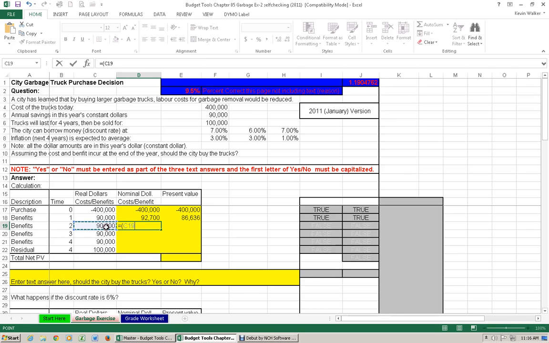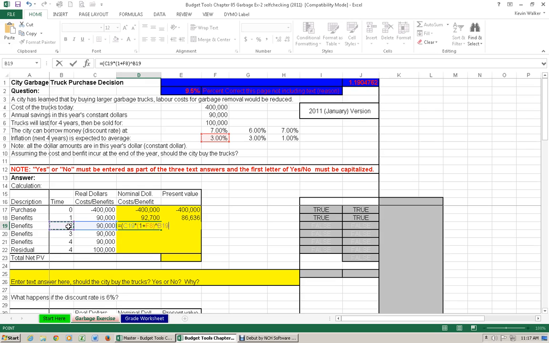Again, it's the same amount we were projecting every year. We want to multiply that by 1 plus the inflation rate for this year. All right. Then we're going to raise that to the power of 2 because we're talking about the second year.